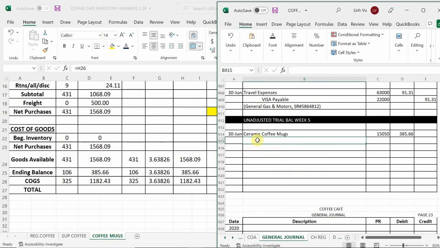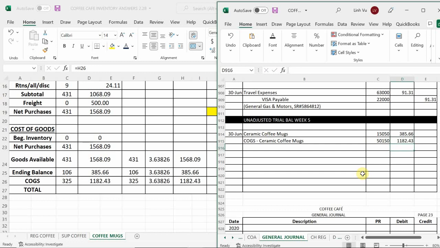So I have the cost of goods sold, ceramic coffee mugs, account 5150, for a grand total cost of $1,182.43.